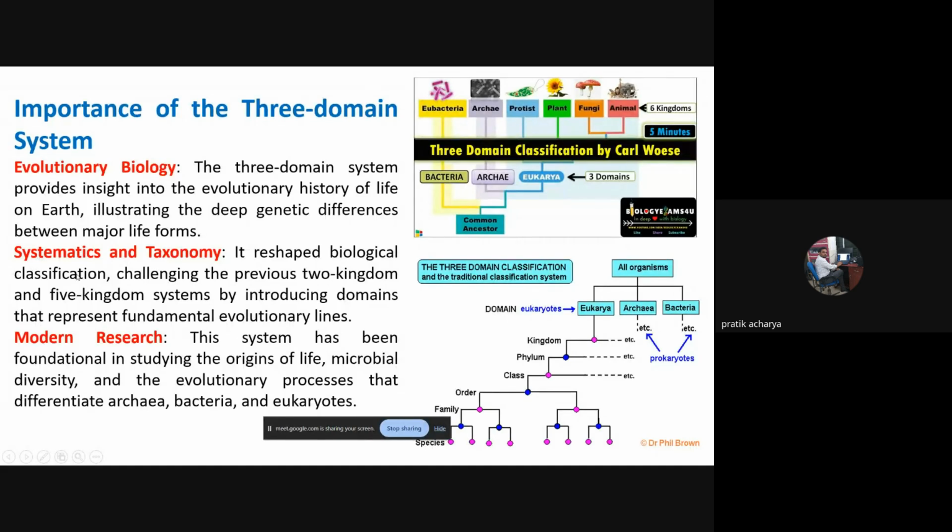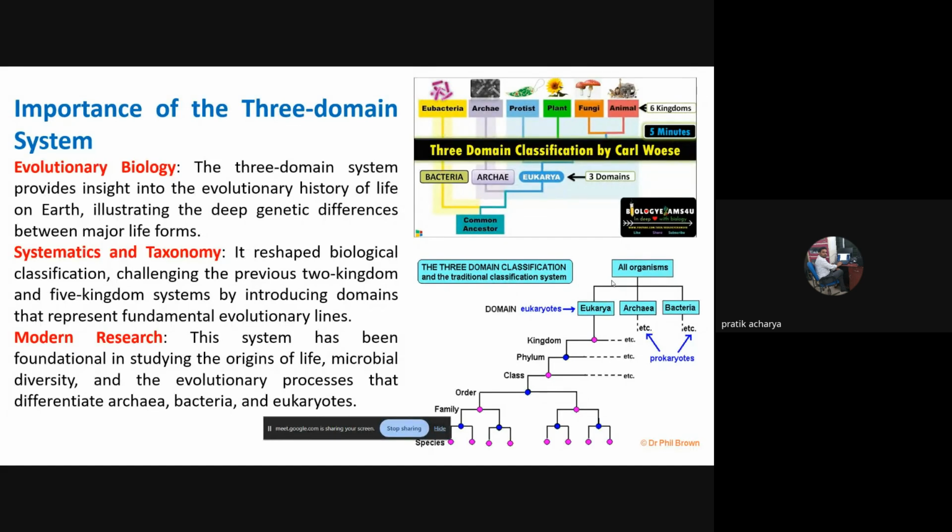But if we discuss systematics and taxonomy, it reshaped biological classification, challenging the previous two kingdom and five kingdom systems by introducing domains that represent fundamental evolutionary lines. Just look here. Fundamental evolutionary lines mean which organism gives rise to the other, or which organism is the ancestor of another organism.